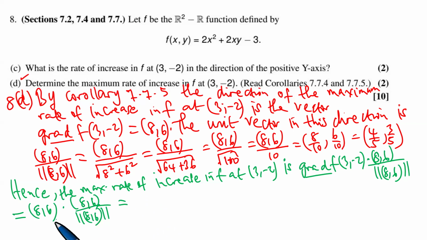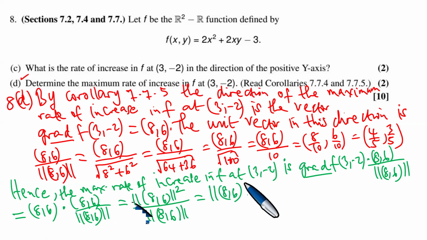If you dot two vectors that are the same, (8, 6) with (8, 6), you are dividing the length squared by the length.